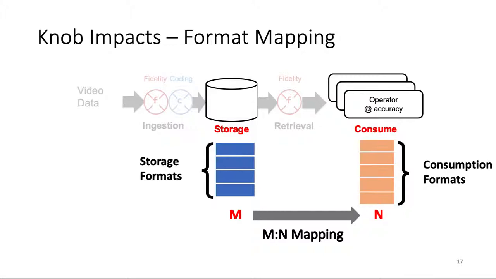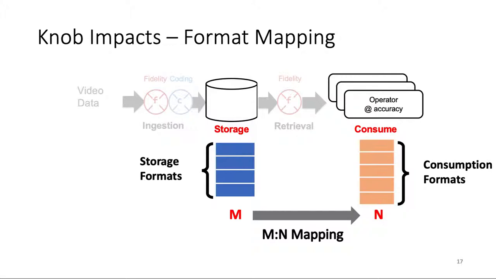So at ingestion time, we tune the knob for storage purposes, and at retrieval time, we tune the knob for consumption purposes. The video formats we store are called the storage formats, and the video formats that we consume for vision operators are called consumption formats.